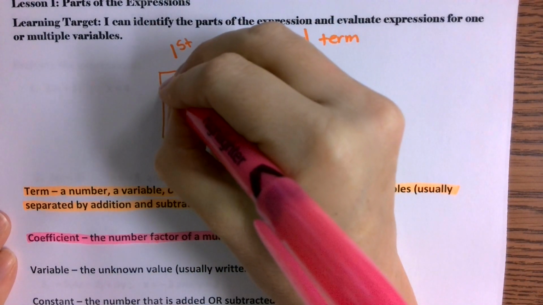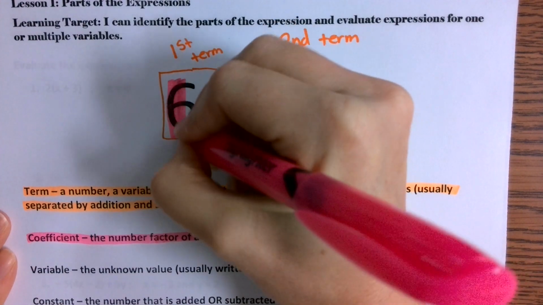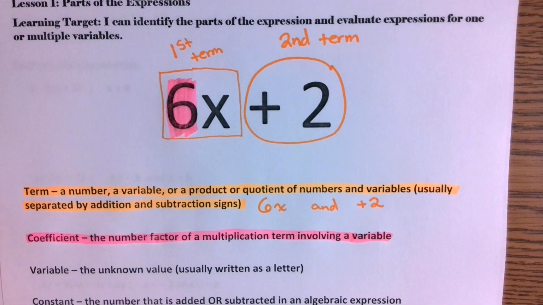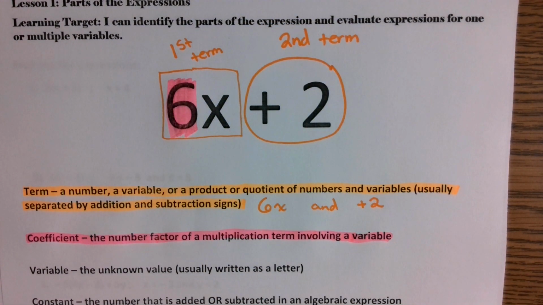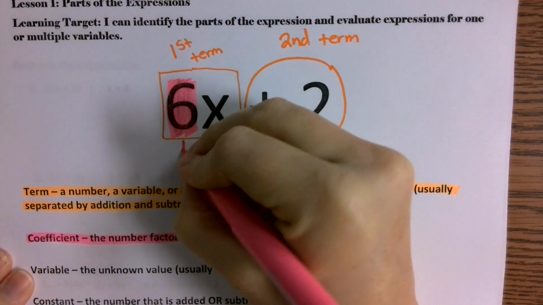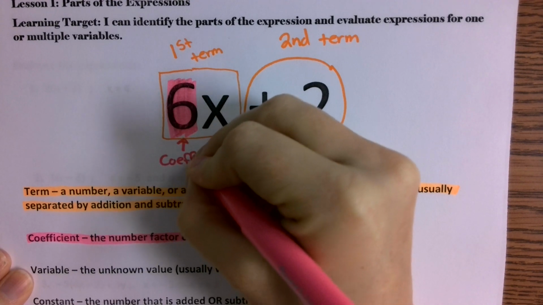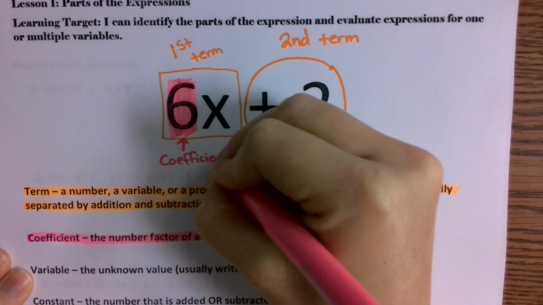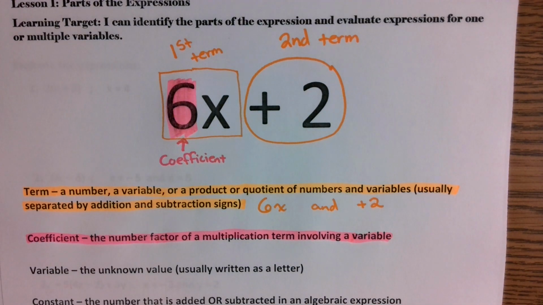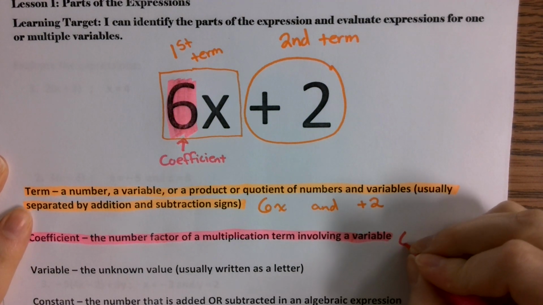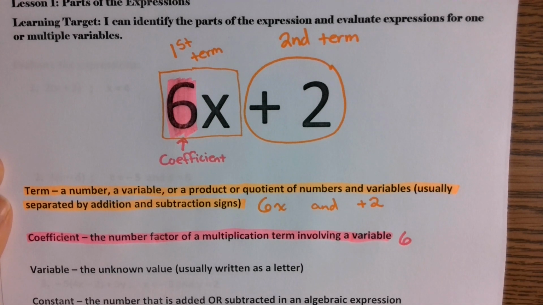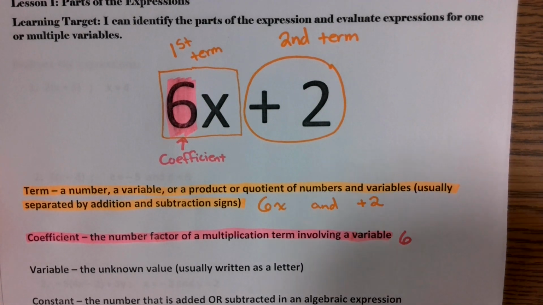And this 6, just the 6, I'm only highlighting the 6. That value is my coefficient. So I'm even going to write down here in my example, 6 was the coefficient for this problem.